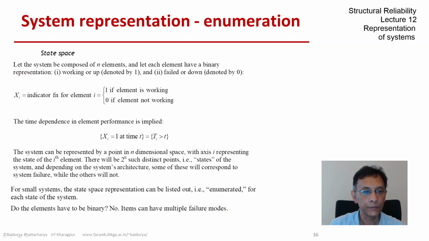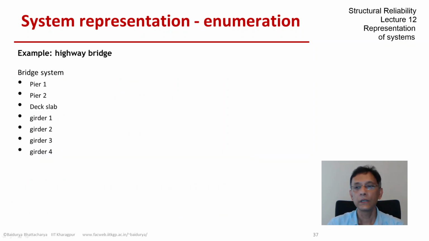Let's look at the example. It's a simple structure. Let's say we have a bridge system. The bridge system is composed of 7 elements, 2 piers, 1 deck slab, and 4 girders, which means there are 128 possible states of those elements, and each of those would give rise to an up or down state for the bridge system.